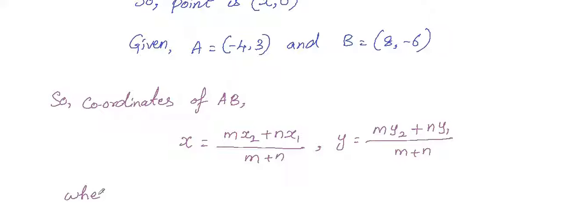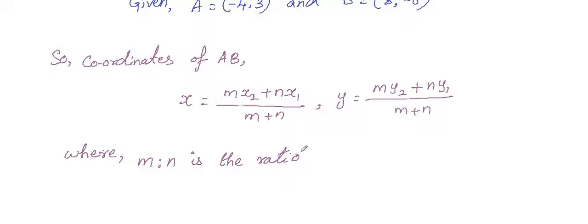So here m and n: m is to n is the ratio of the line joining AB.